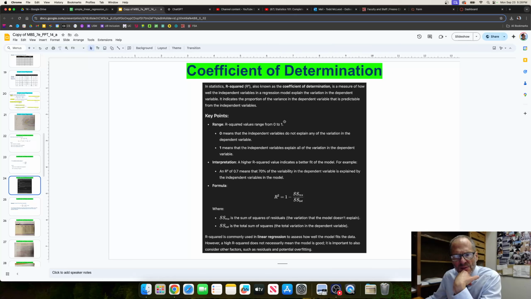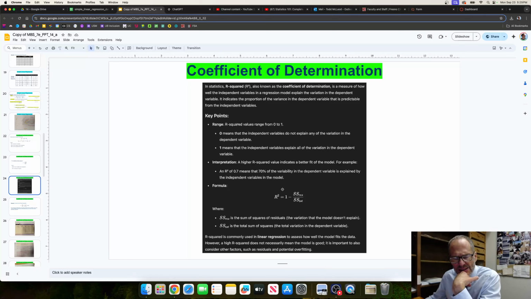So the range of it is from 0 to 1, and 0 means that the independent variables do not explain any of the variation in the dependent variable, and 1 means that the independent variable explains all of the variation in the dependent variable. So a higher r squared value indicates a better fit of the model. So an r squared of 0.7, for example, will say that 70% of the variability in the dependent variable is explained by the independent variable in the model.